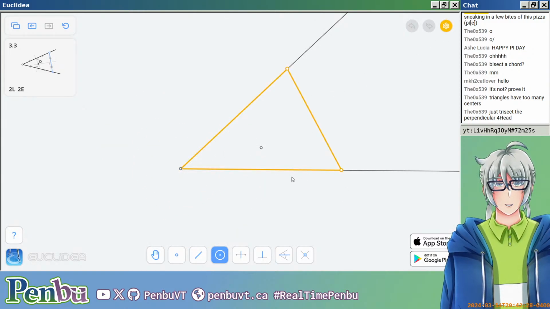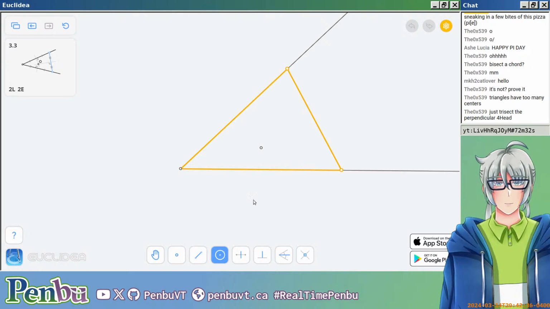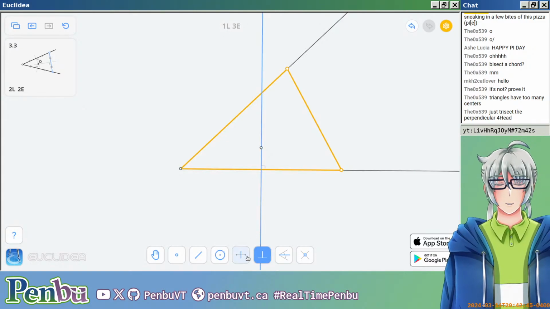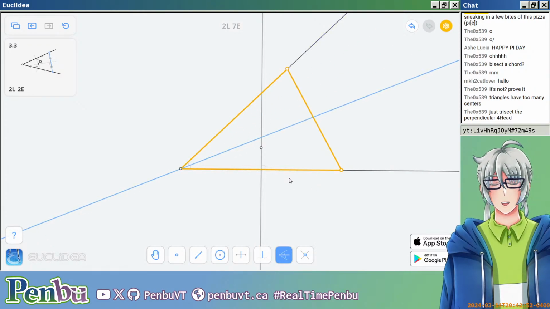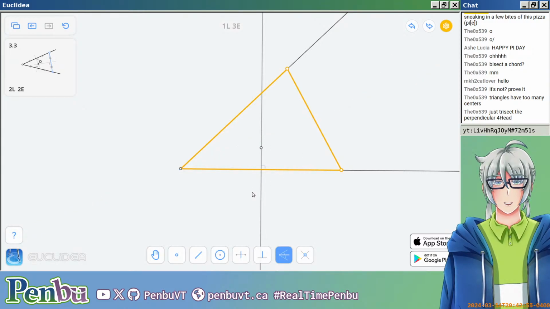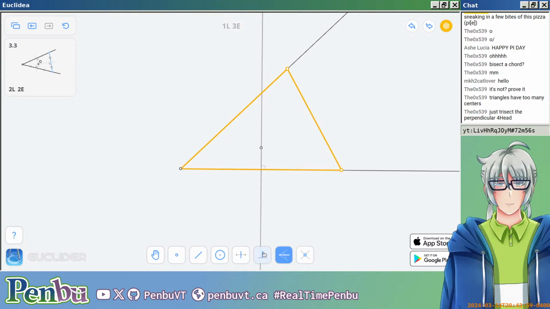So we're trying to find this point and this point. But we don't know these points. So I know we can drop a perpendicular to do this. And then we can do an angle bisector. No, angle bisector isn't going to do anything. Because we need to work in 90-degree angles. Then you have a circle.